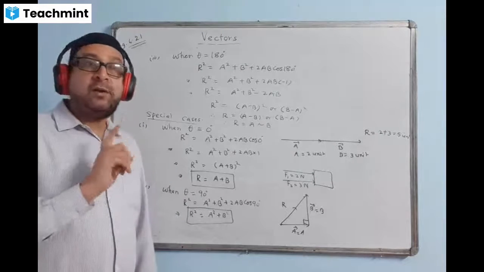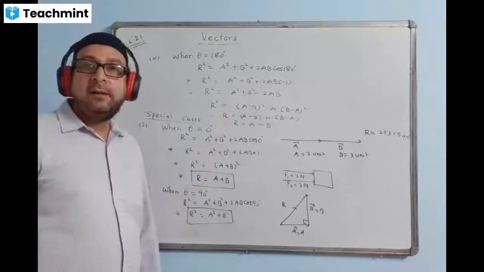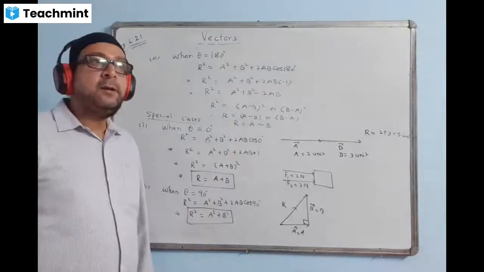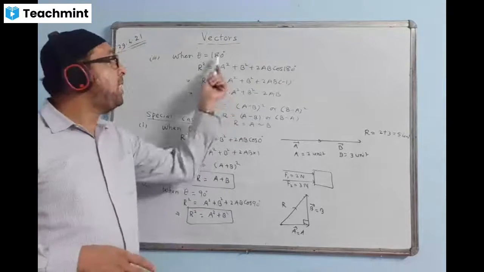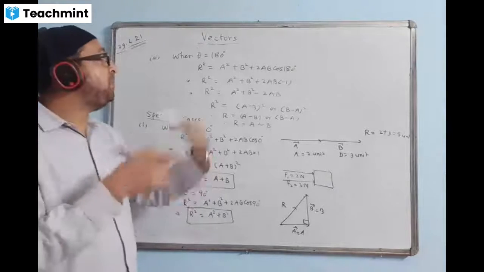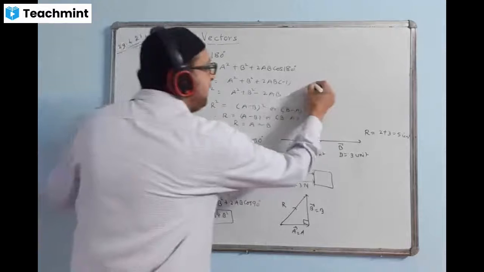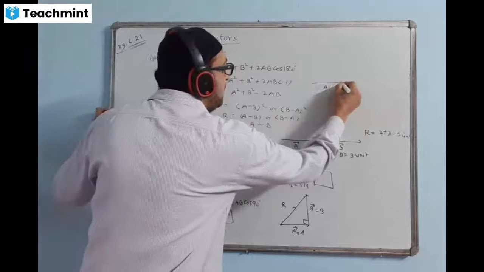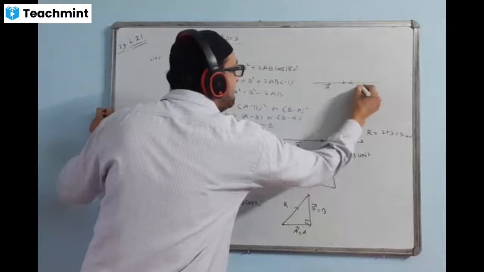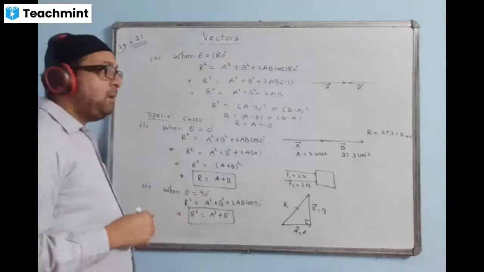We are finding the total, that is the addition only, but because of the angle of 180 degrees, the resultant will be subtracted. What I mean to say is, when two vectors are acting in the opposite direction, the angle between them is taken as 180 degrees. Suppose A vector is like this, and B vector is in the opposite direction to one another.